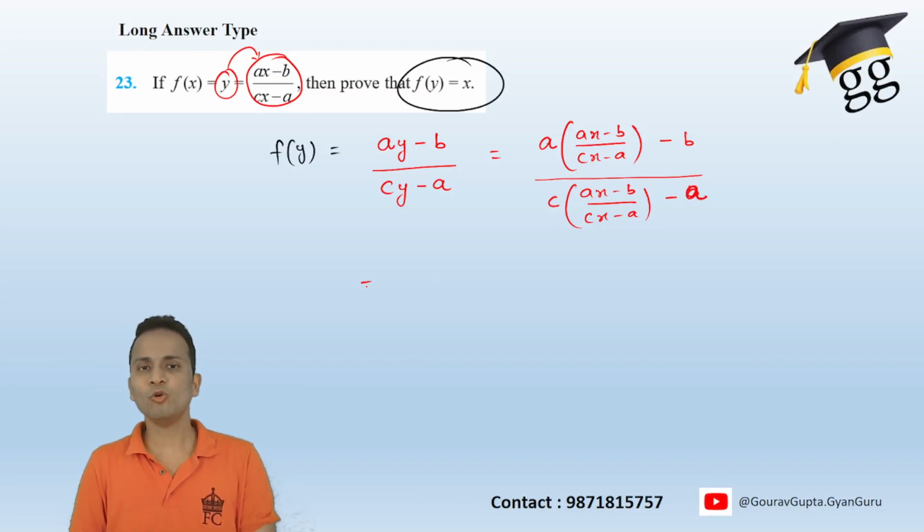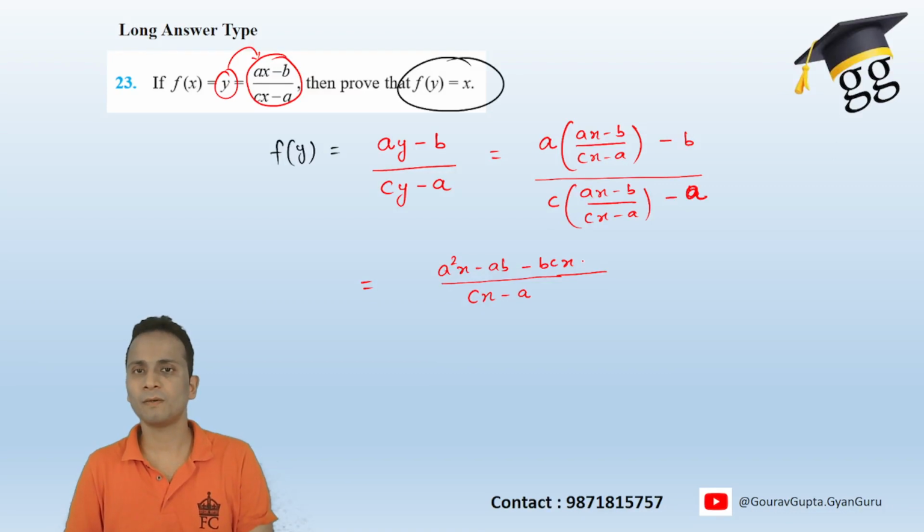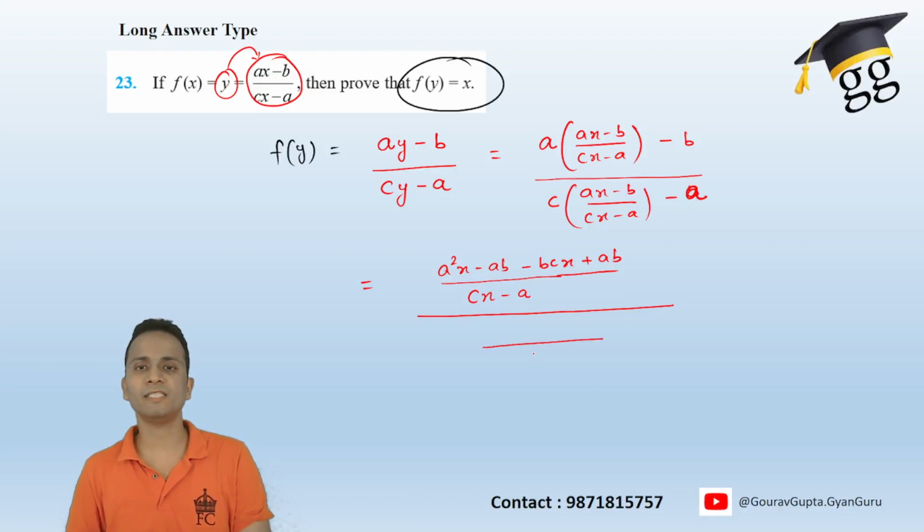Okay. Now you have this expression. Simplify this very carefully. So taking the LCM in the numerator, it will become cx minus a in the denominator, and in the numerator it will be a square x minus ab minus bcx plus ab. Then whole divided by, again taking LCM in the denominator, cx minus a.